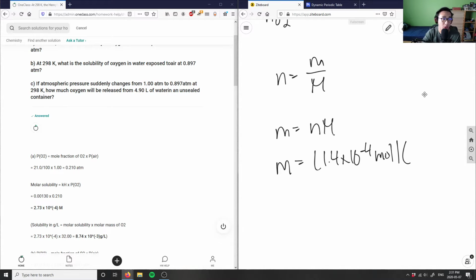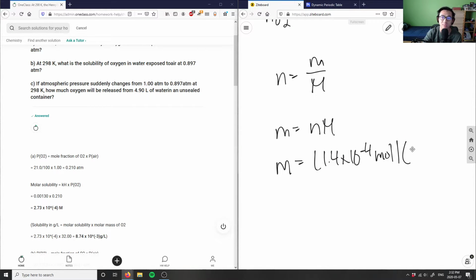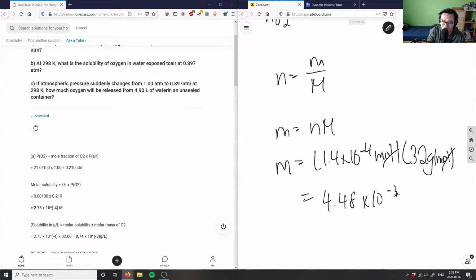Oxygen here is O2, a diatomic molecule, so it's 15.99 times 2. I'm going to round to 16 times 2, which is 32 grams per mole. The moles cancel out, and I get grams: 1.4 times 10 to the negative 4 times 32 is 4.48 times 10 to the negative 3 grams.